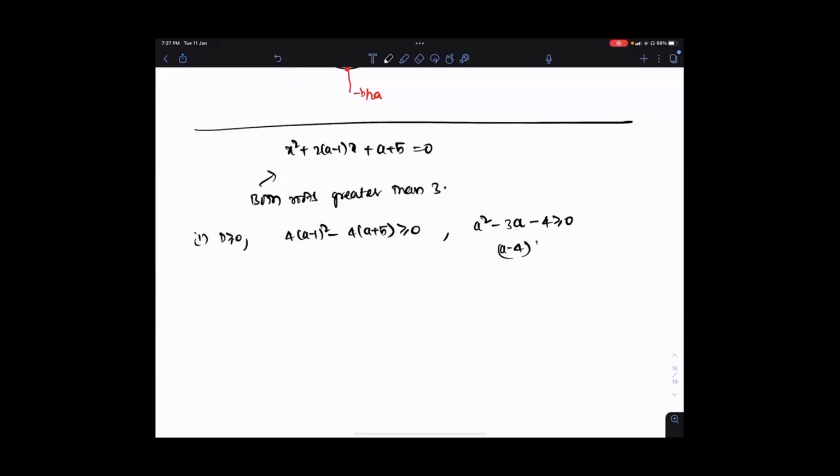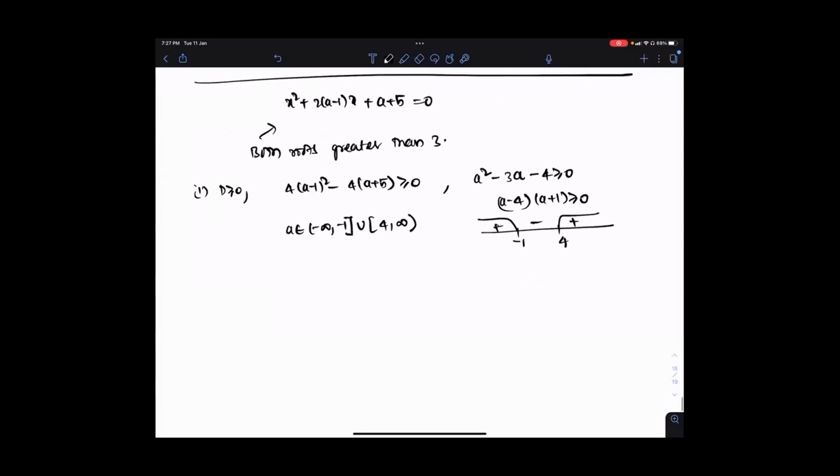A minus 4 into a plus 1 greater than or equal to 0. Points minus 1, 4. Plus, minus, here also plus. We need plus quantity only. So, a belongs to minus infinity to minus 1 closed, union 4 to infinity. Discriminant greater than or equal to 0. That is the first condition.